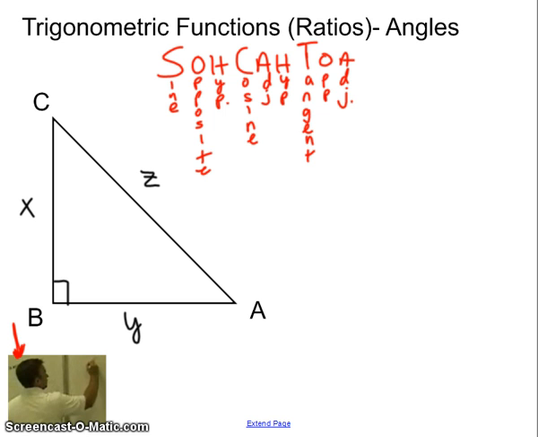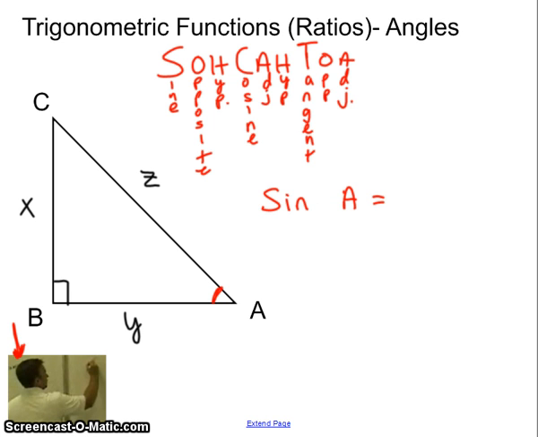But anyways, if I wanted to find the measure of angle A right here, I could choose X, Y, or Z to find the measure of the angle. I could use sine of angle A equals opposite over hypotenuse.